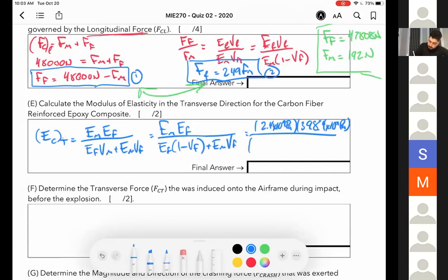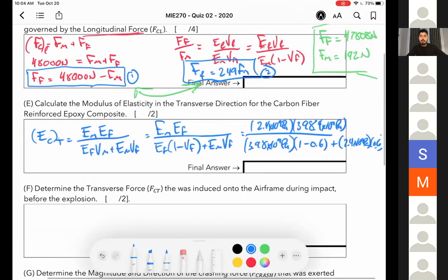Divided by the modulus of the fibers, which is 3.98 times 10 to the 9 pascals, times 1 minus 0.6, plus 2.4 times 10 to the 9 pascals times 0.6. Okay? Are we good, or did I go too fast plugging in the values? We're okay? Okay, so what's our final answer then?